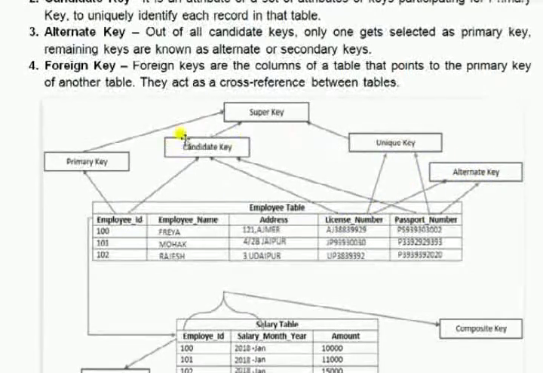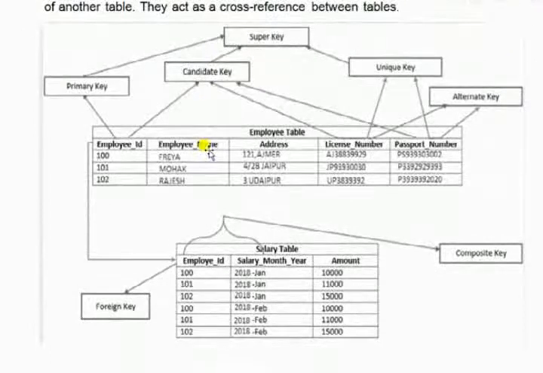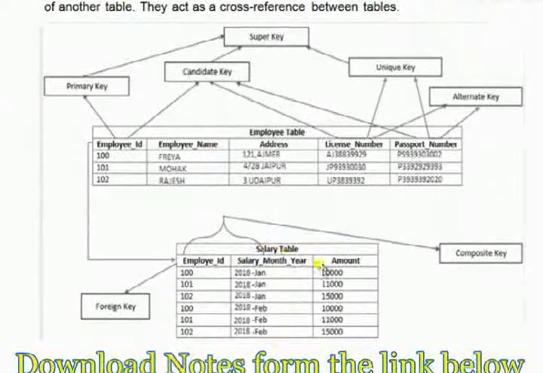The rest of the fields, license number and passport number, are called the alternate keys. So among the candidate keys, one field is taken as the primary key, and the rest, which have the properties to work as a primary key, are called alternate keys. So alternate key and primary key both belong to candidate key.